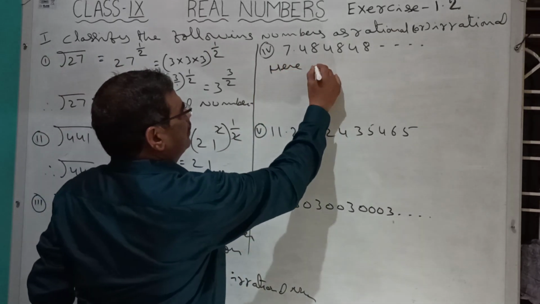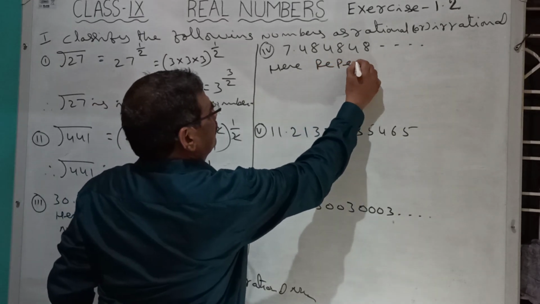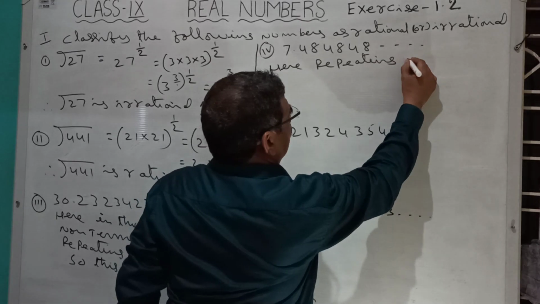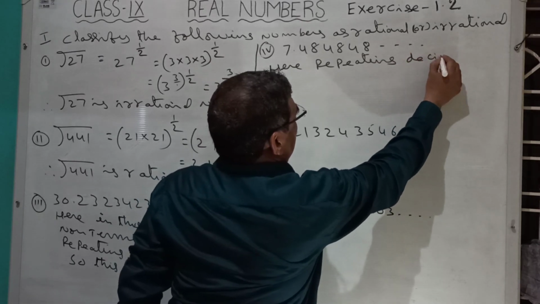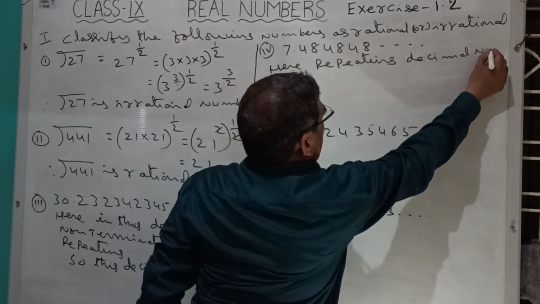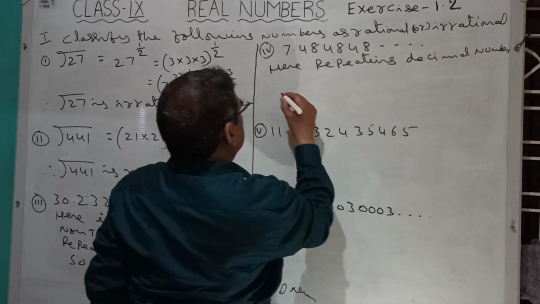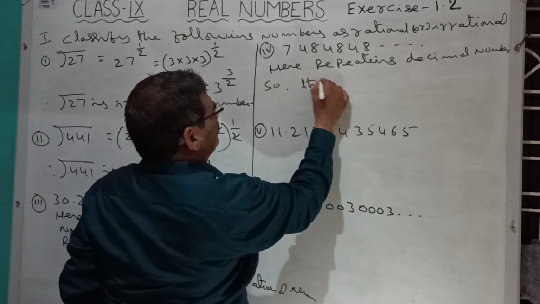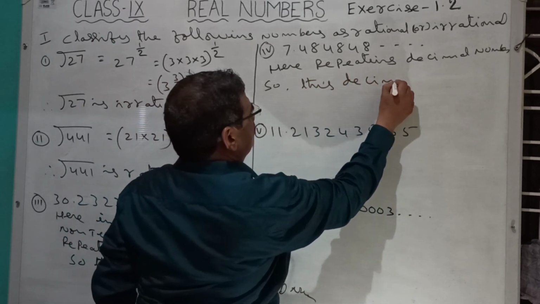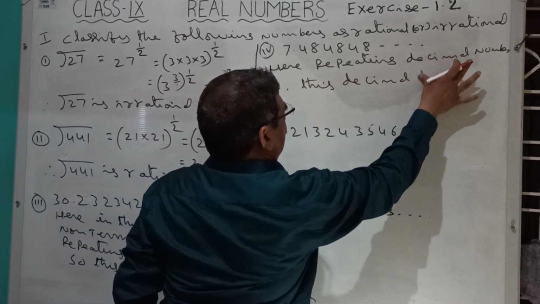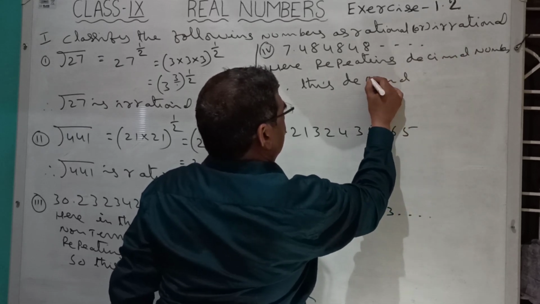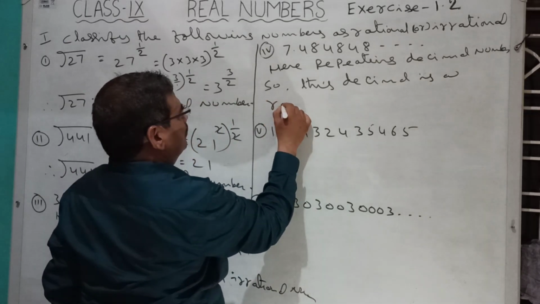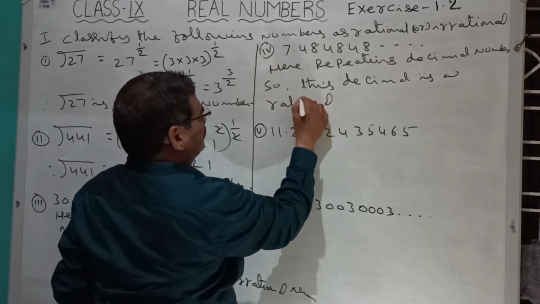Here it is a repeating decimal number, so this decimal is a rational number.